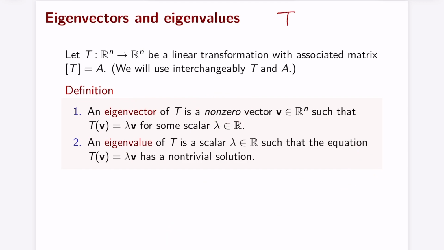So if there is a vector that when we transform it becomes a multiple of itself, and this vector is not zero, then this vector is an eigenvector, and this number is called the eigenvalue. We say that this is the eigenvalue associated to this particular eigenvector.